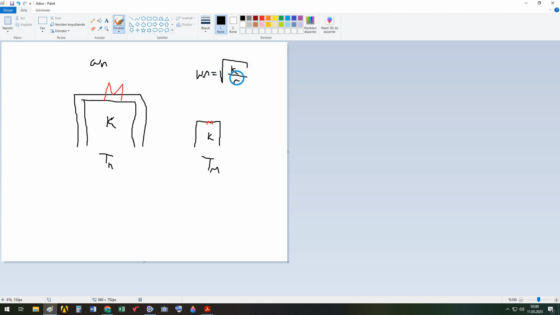Since the ratio is the same, assume that these two ratios are the same. So these two are the same and Tn are the same. And assume that they both have the same damping ratio, 2%, and they are subjected to the same earthquake.